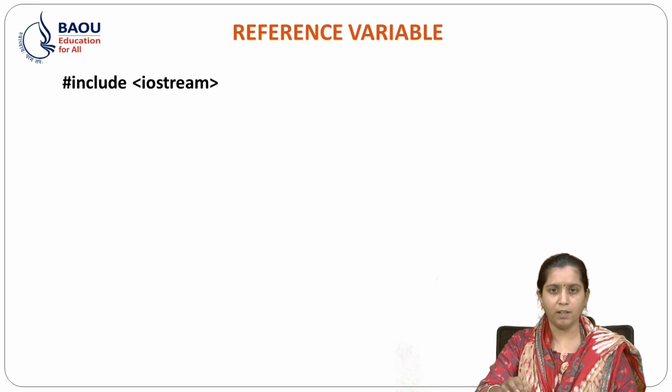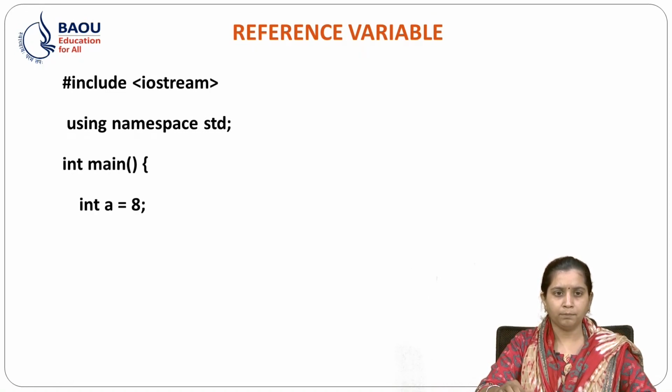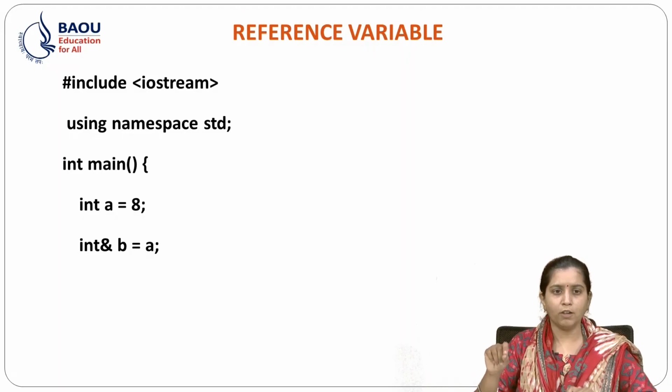In reference variable, let's see one small example so that you can get an idea about the reference variable. First, we will include the iostream. After that, using namespace std, int main, int a is equal to 8, and int &b is equal to a.